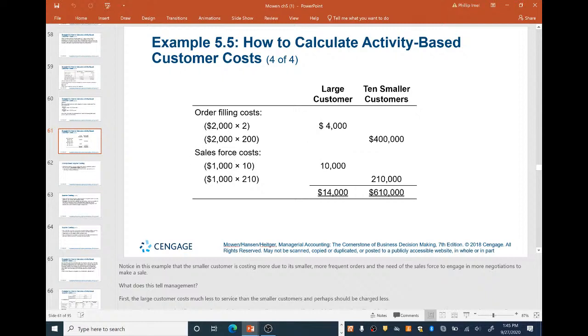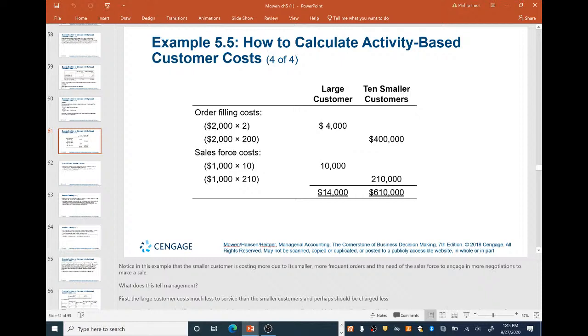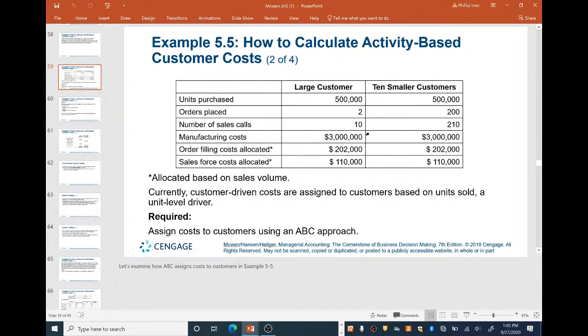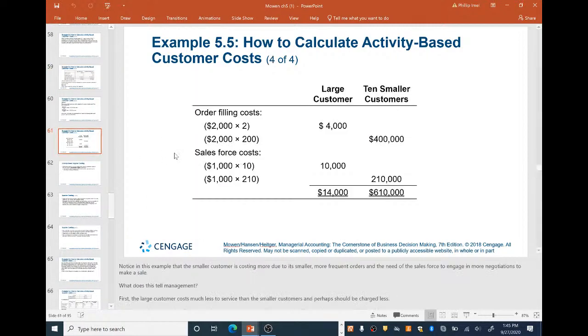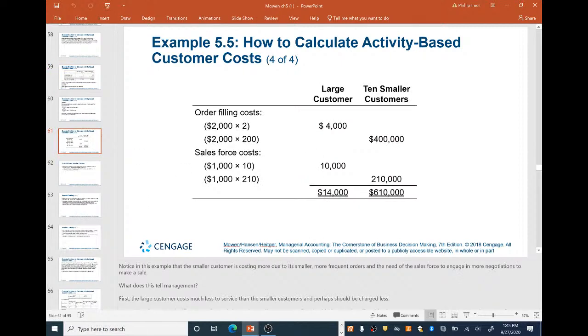Next, for the Salesforce costs, we have 1,000, because it's $1,000 per call that we found right here. For the large customer, remember they only had 10 calls, so 1,000 times 10. For the 10 smaller customers, they had 210 calls, so that's where the 210 came from. 1,000 times 210 is 210,000.